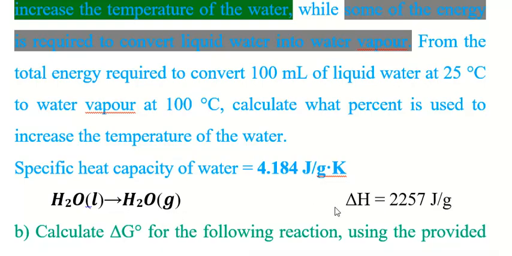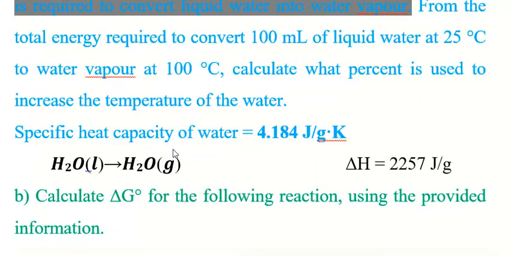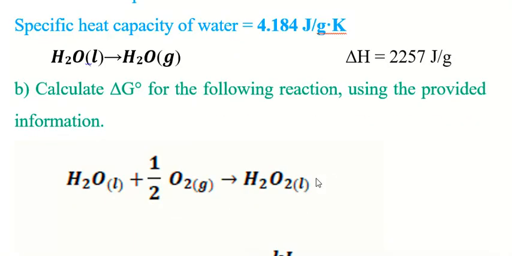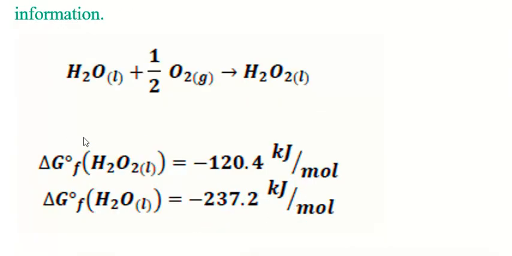Change in enthalpy of the water when it changes from liquid into the vapor or gaseous phase is 2257 joule per gram. It is the first part of this numerical. Second part of this numerical, calculate the standard Gibbs free energy change for the following reaction using the provided information.